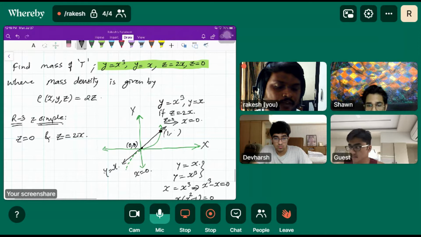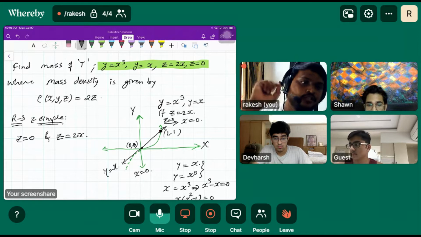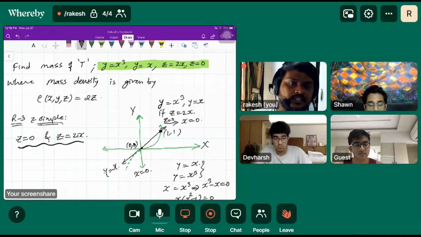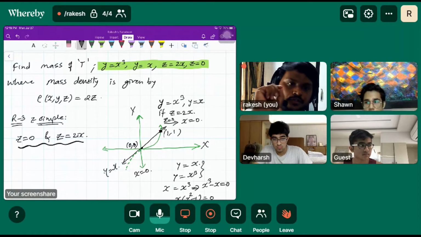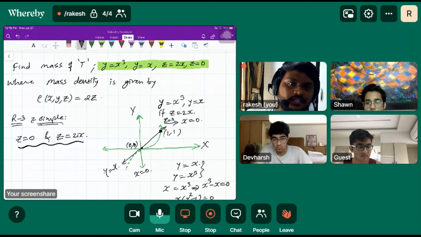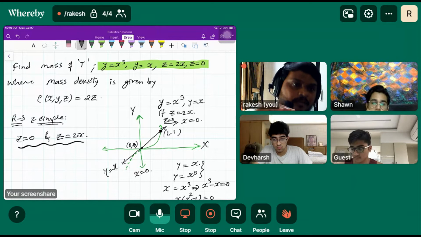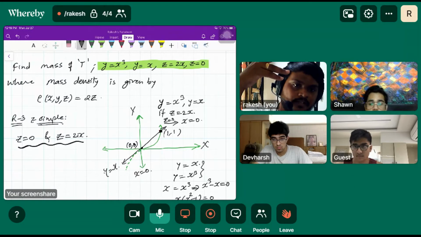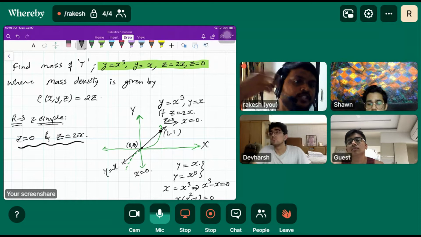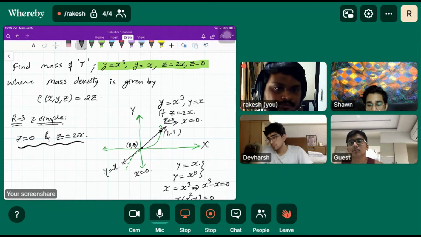Now either we can plug 0 0 into the z functions, or 1 1. If you plug 0 0, that won't let us know which function is the lower limit or which one is the upper limit, because if you put 0 0, both z values are 0 only.